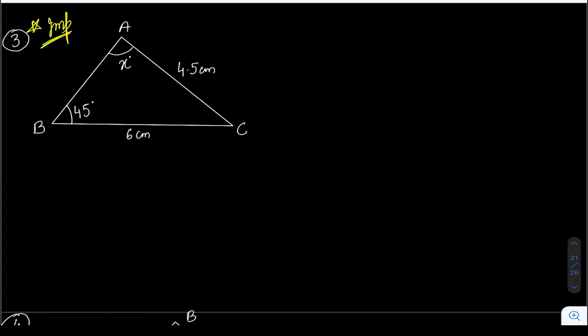So let's first write the sine rule for this triangle. Let's take one side, 6. So 6 divided by sine of the opposite angle, that is x degrees, equals the other side, 4.5, divided by sine of the opposite angle, that is 45 degrees.